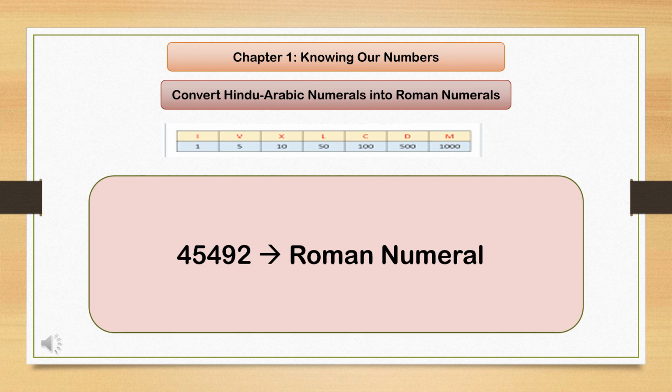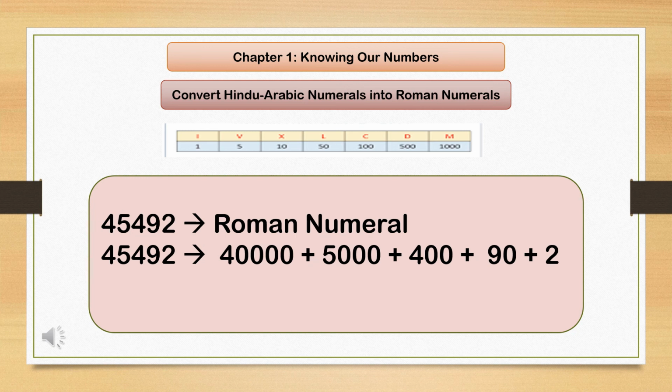Now, let's convert 45,492 into Roman numeral. First, we will write the expanded form of the given number, that is 40,000 plus 5,000 plus 400 plus 90 plus 2. So this is the expanded form of 45,492.